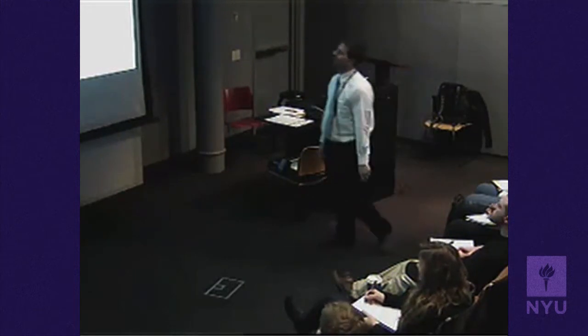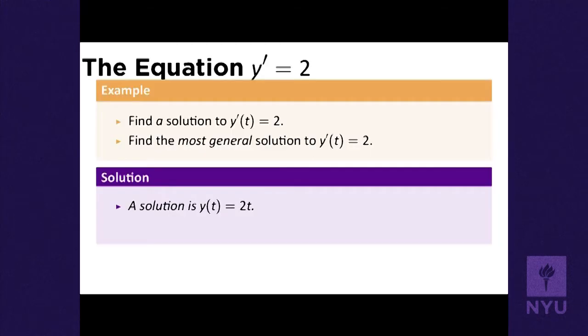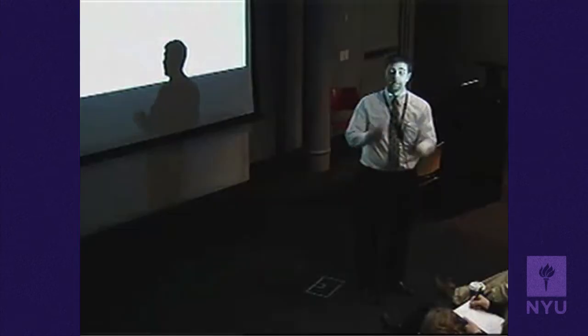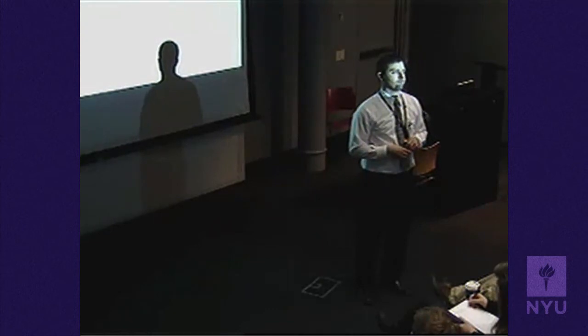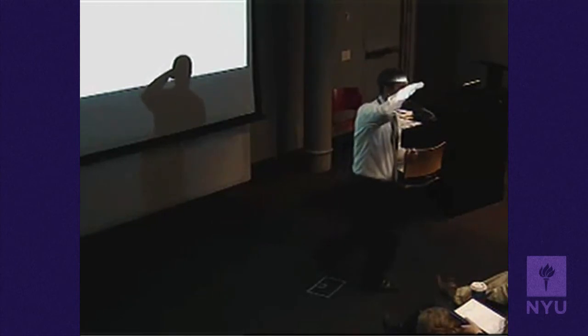There you go. Okay. Now, there are lots of other functions whose derivative is 2. Can you name another one? What's another function whose derivative is 2? Yeah? 2t plus 1.